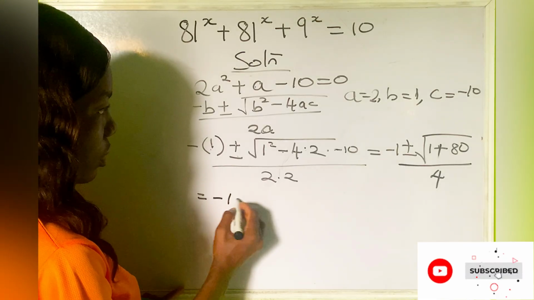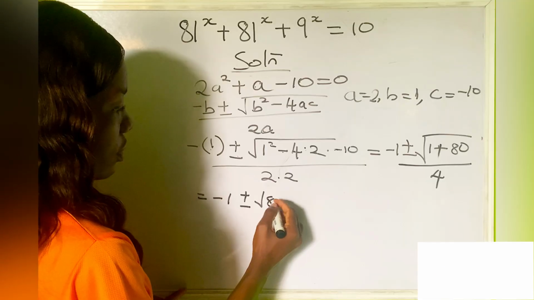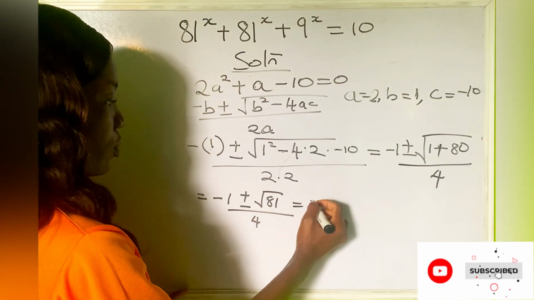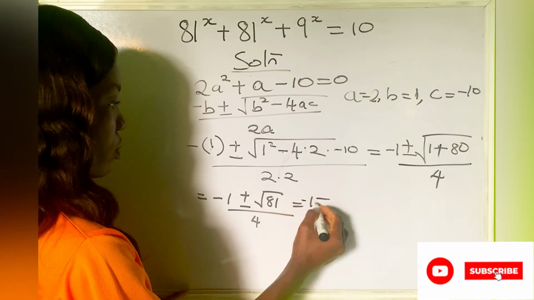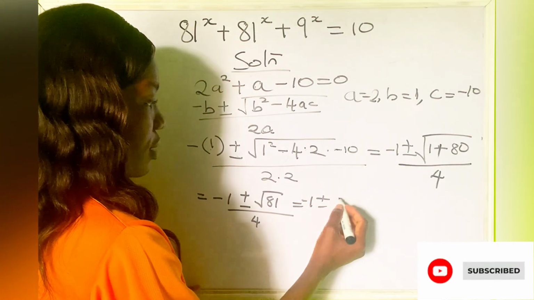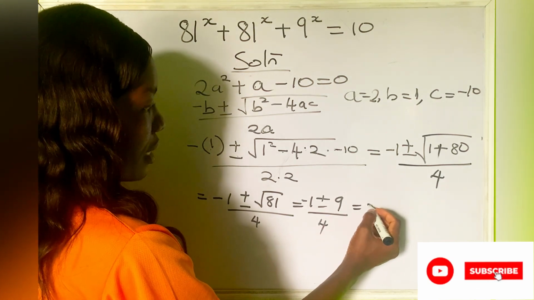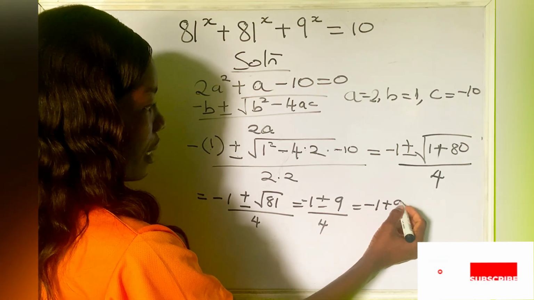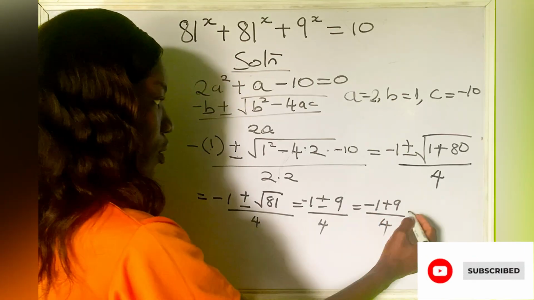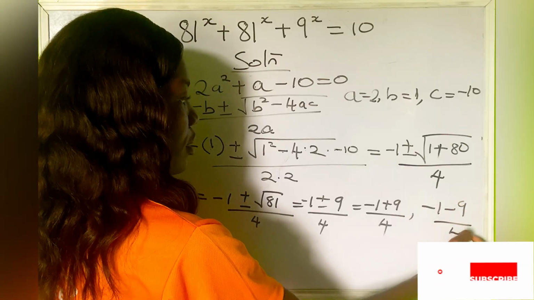We have minus 1 plus or minus the root of 1 plus 80, which gives us 81, over 4. So that's minus 1 plus or minus root of 81, which is 9, over 4. So that means we have minus 1 plus 9 over 4, or minus 1 minus 9 over 4.